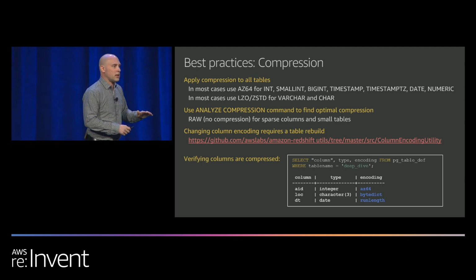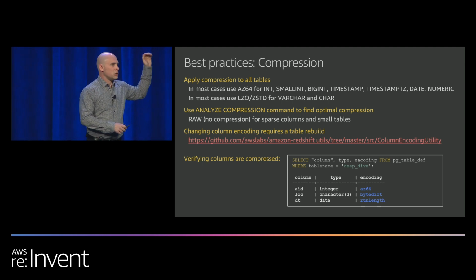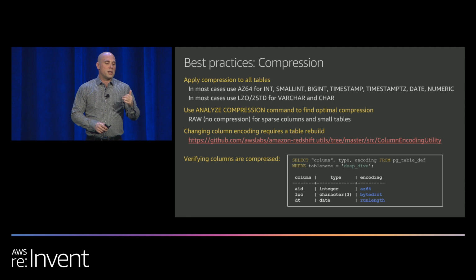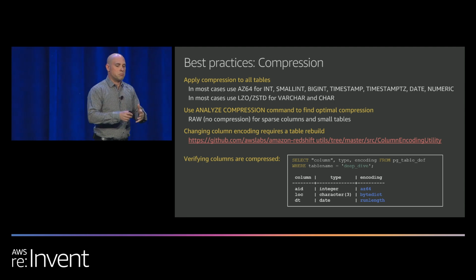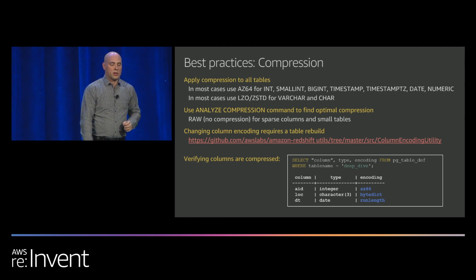So it's a really nice across-the-board recommendation that I can give. For varchars and chars today, you'll probably want to stick with either LZO or Z-standard. So the encoding types are pretty set now on what you'll use.